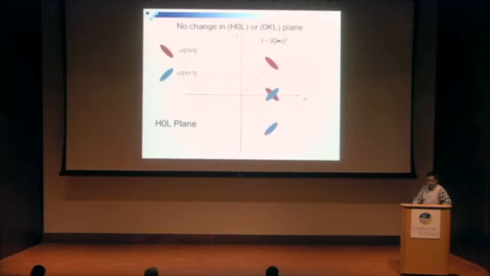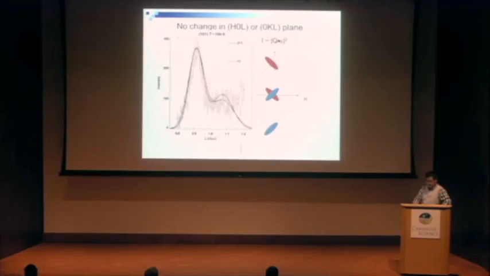And how about in other zones? For example, in the H0L plane, it similarly has polarization along the 101 and 10-1 directions, and has a similar diffuse scattering pattern in zero field. By applying the same 110 direction electric field, the field cool has no clear effect compared to the zero field cool data.